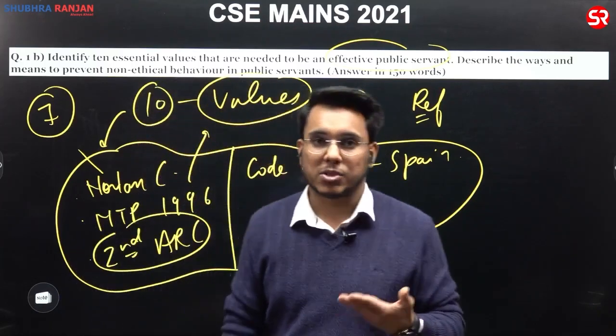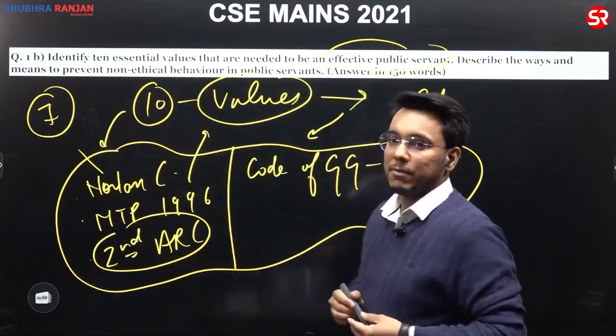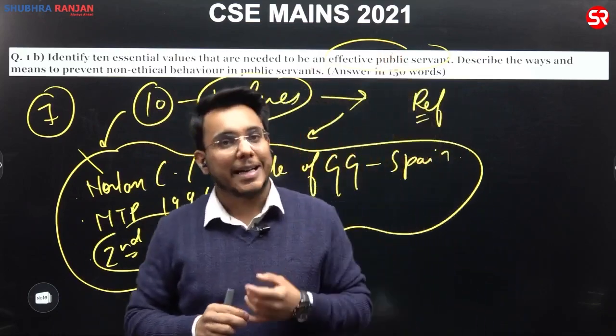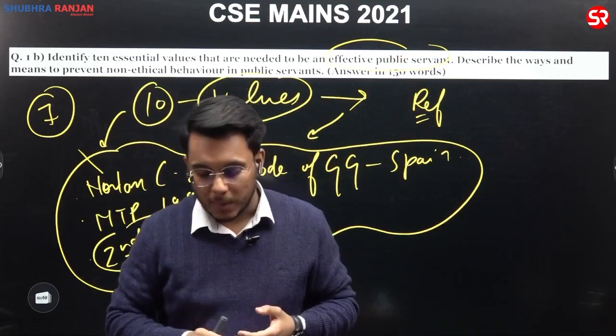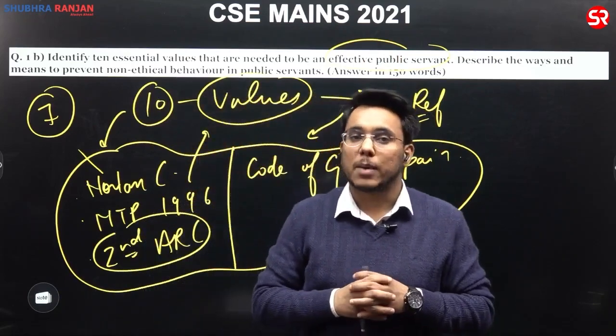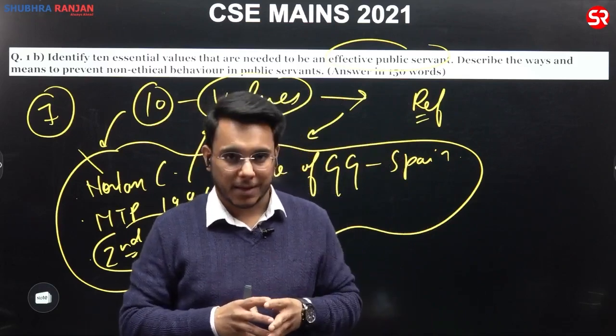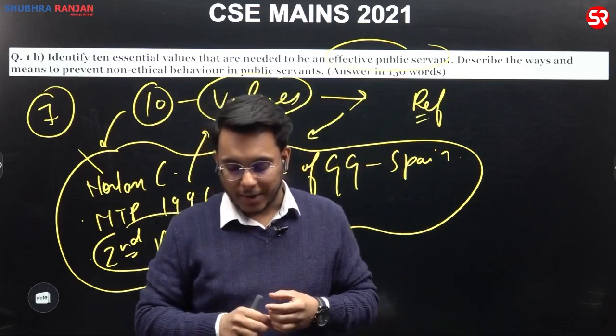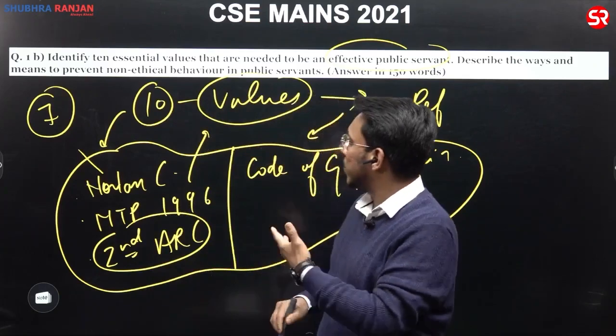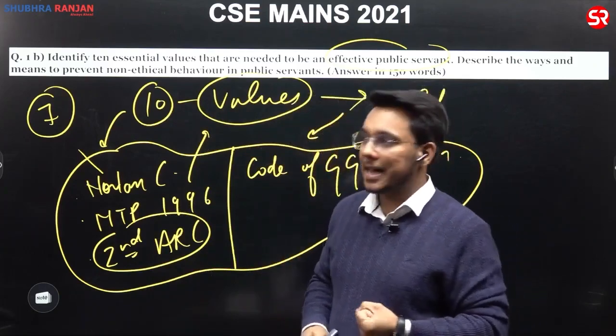It has also talked about certain values to be an effective public servant. It talked about integrity, dedication to public services, political neutrality, impartiality, and anonymity. Clear?